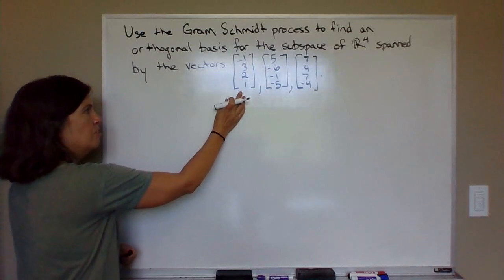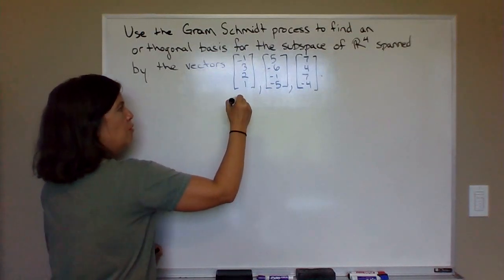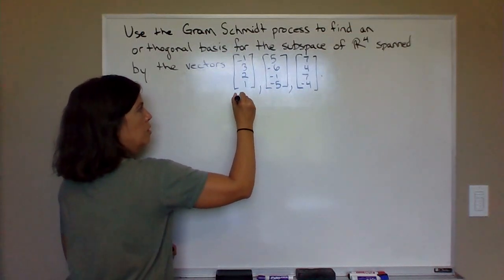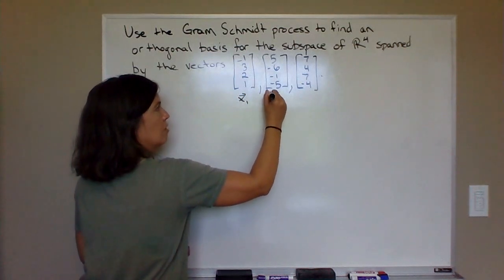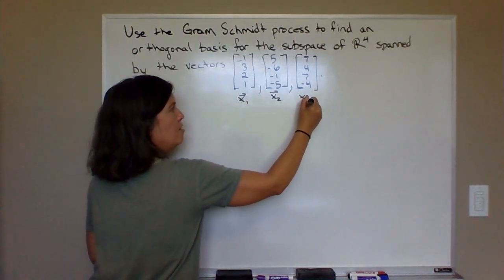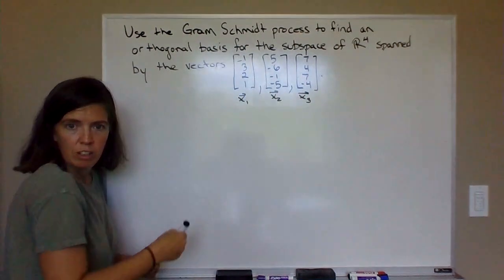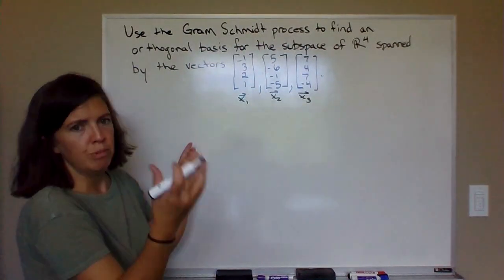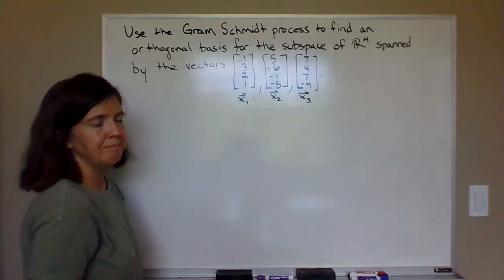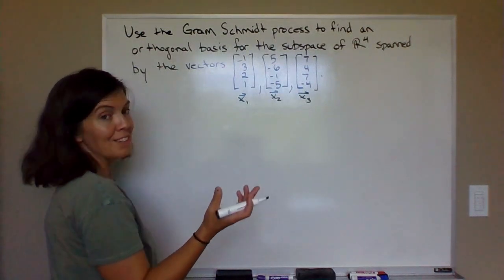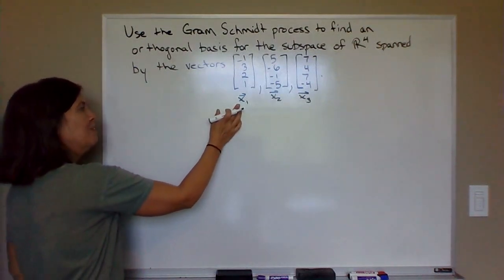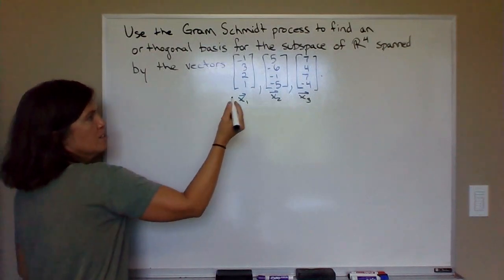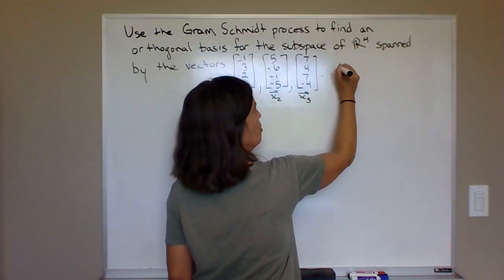So the way we do that is take this first vector, and I'm going to call these vectors x1, x2, and x3, because that aligns with the notation in the notes when I wrote through the process of developing the Gram-Schmidt process. I'll keep track of my basis vectors over here.